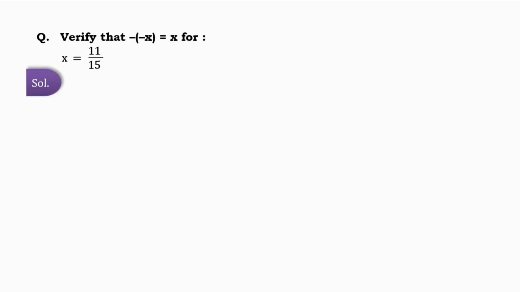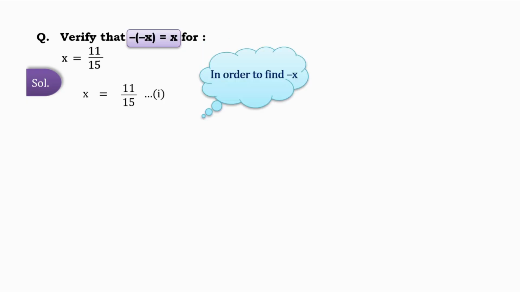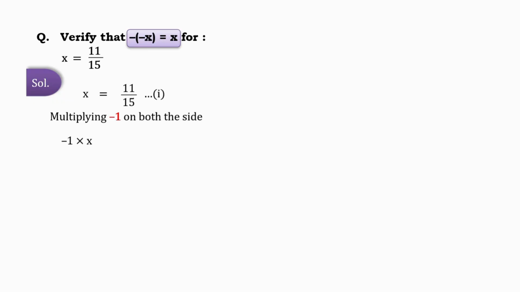Verify that minus of minus x equal to x for x equal to 11 by 15. This we have done earlier also with another number. So I am showing you the steps of how to do it again.